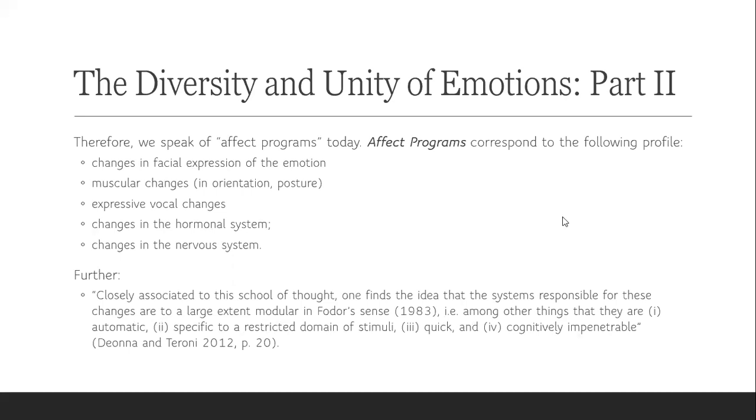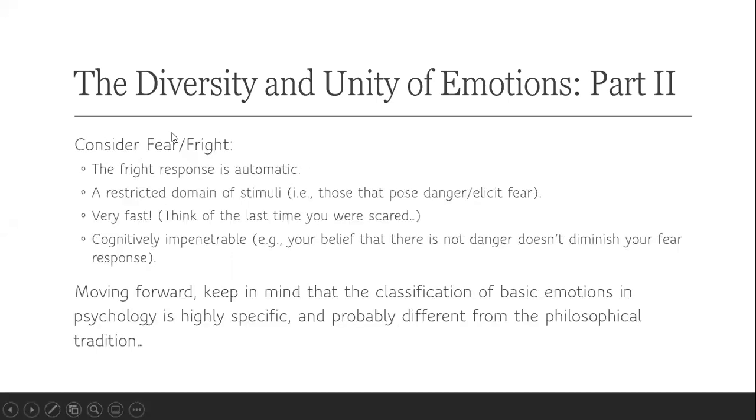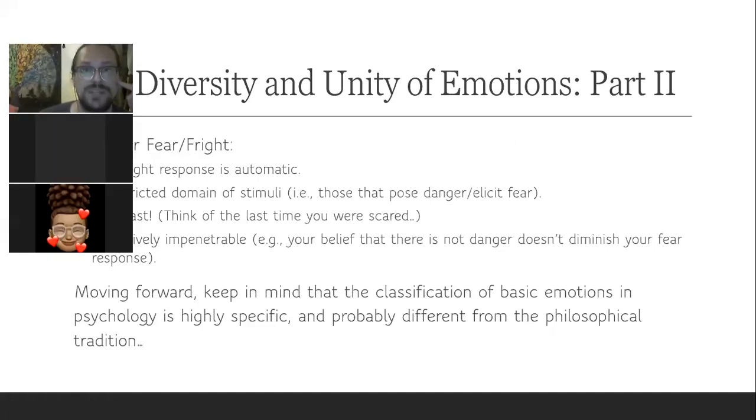That is, among other things, that they are 1, automatic, 2, specific to a restricted domain of stimuli, 3, quick, and 4, cognitively impenetrable. These are not all of the characteristics of a Fodorian module, but they're the important ones for the purposes of the authors. And I think what I will do is spell out how fear or fright might be modular before we wrap up today.